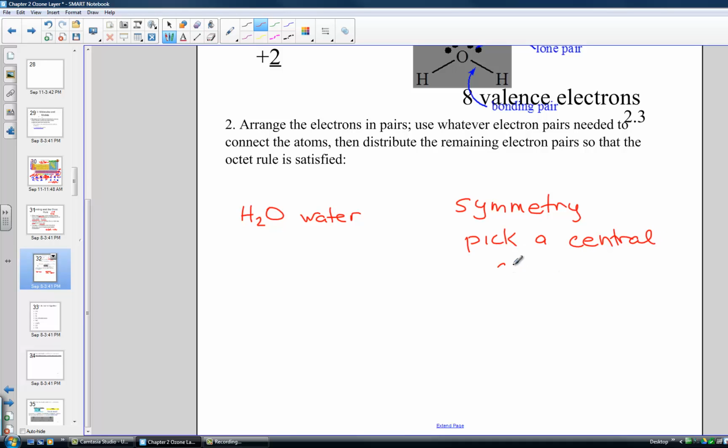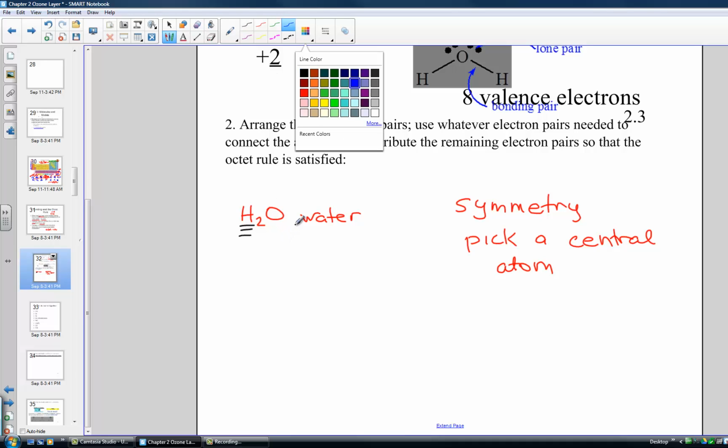Thinking symmetry between 2 H's and an O, and understanding never pick hydrogen to be a central atom, that tells us that we are going to select oxygen to be the central atom.